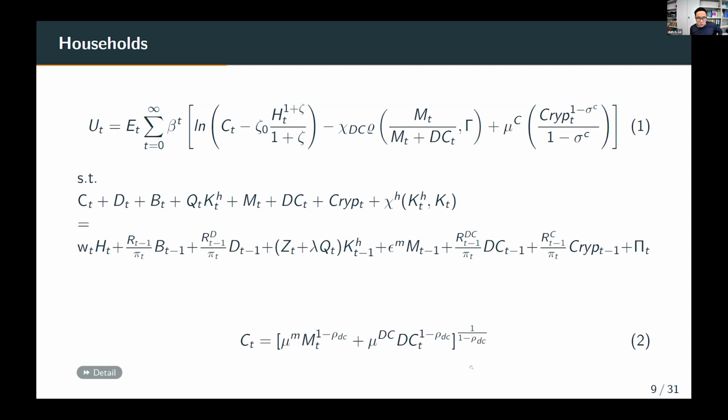In the traditional macro model, you have M_t, the cash, and you need cash to pay for your consumption, C_t. Now we say that if CBDC appears, then you can use it. So the cash in advance constraint now includes cash and then CBDC.